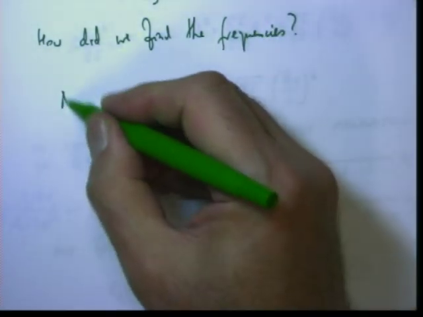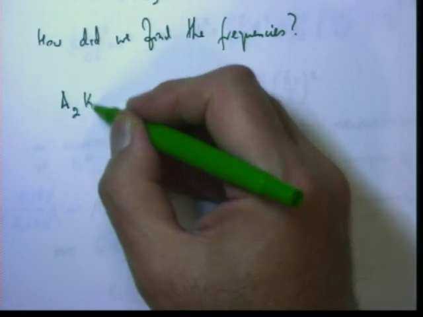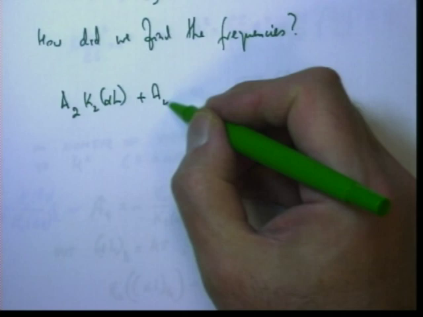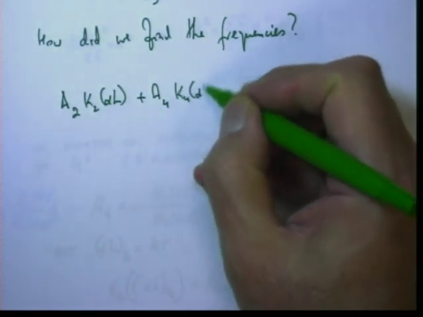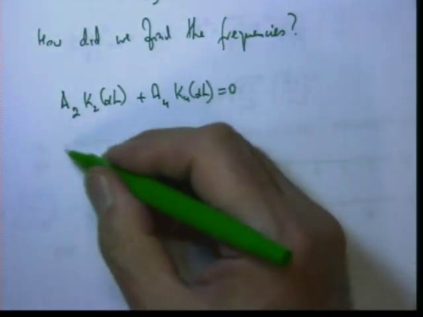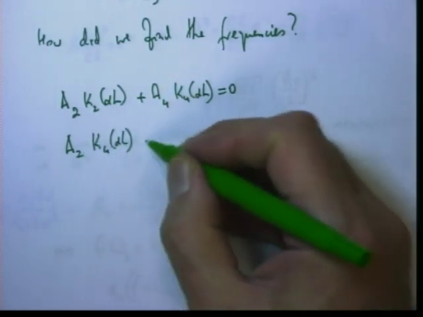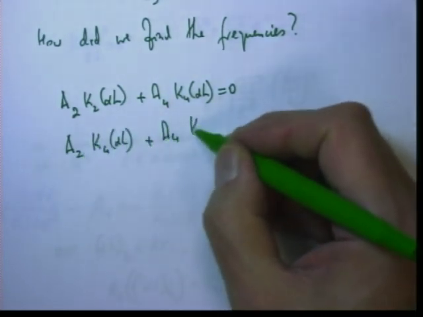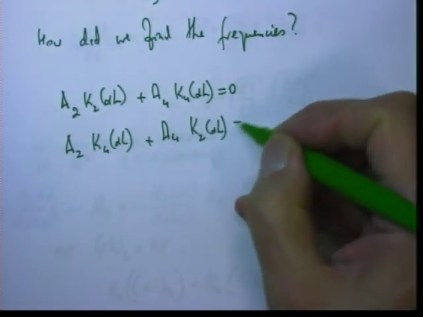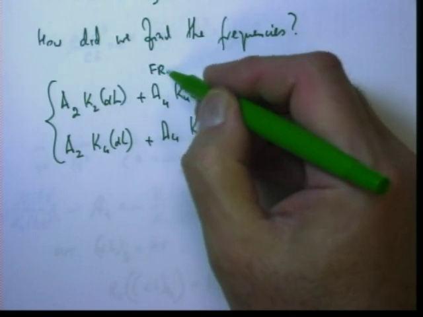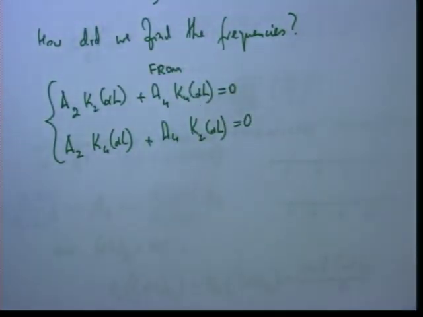From the expression, I think, A2 K2 alpha L plus A4 K4 alpha L equals 0. Then we had A2 K4 alpha L plus A4 K2 alpha L equals 0. So from this set we got this natural frequency. I just recall to you where we got it from.